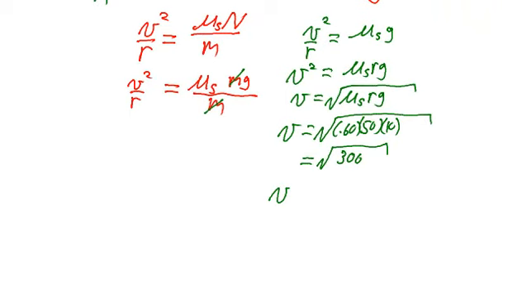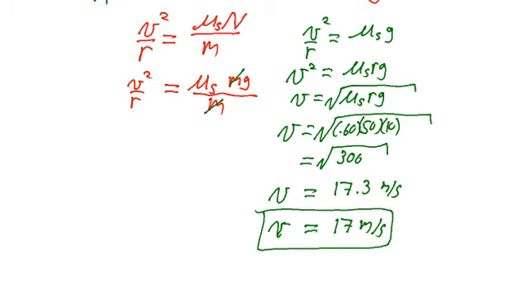So the speed would be equal to 17.3 meters per second. And I think I'm only going to keep two significant digits here because of the numbers that were in the problem. So I'll go ahead and round that to 17 meters per second.